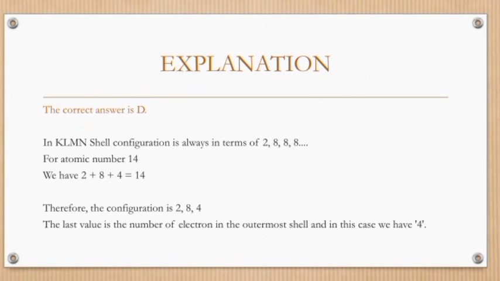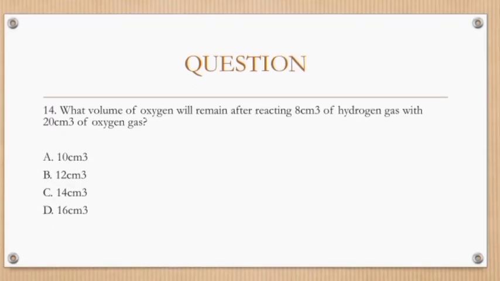So let's move on to the next question, which is question number 14. It actually goes like this. It said, what volume of oxygen will remain after reacting 8 centimeter cube of hydrogen gas with 20 centimeter cube of oxygen gas?